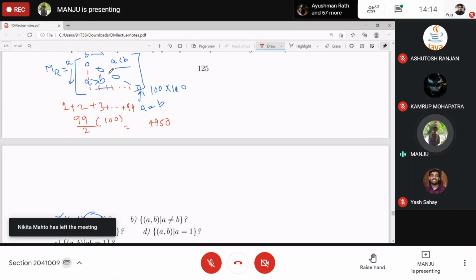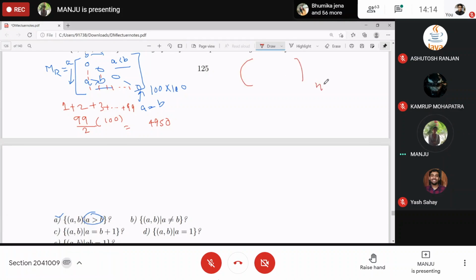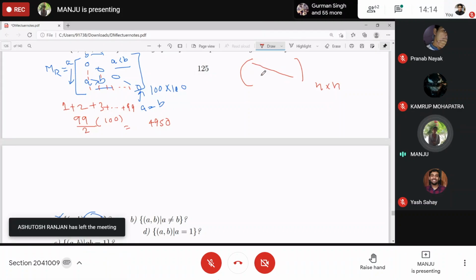Let me tell you regarding matrix. If you have n by n order, here n square entries will be there in total. Out of n square, n are diagonals, on the main diagonal, n entries.